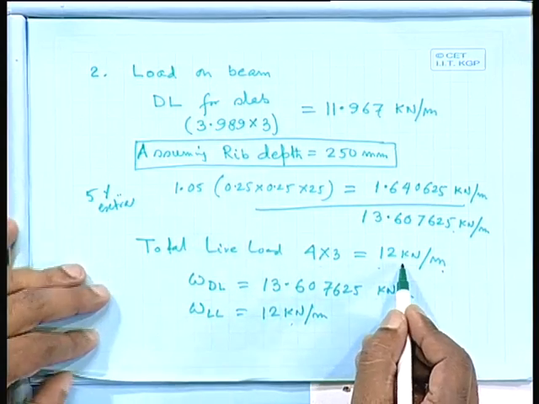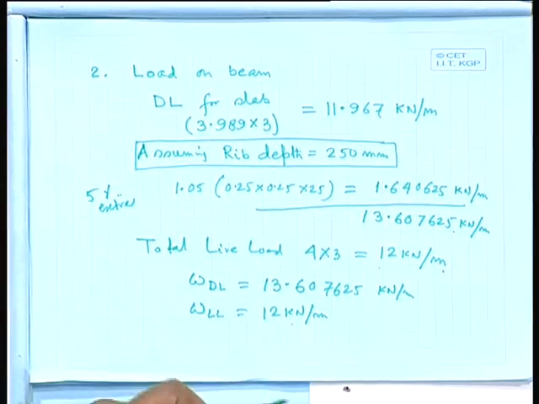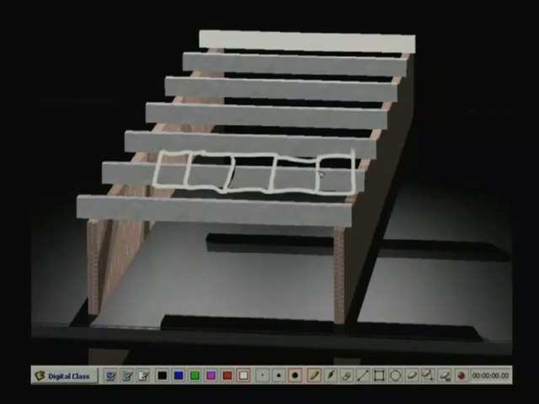So, 4 into 3, 12 kilonewton per meter. Along this length we are getting 12 kilonewton per meter for live load and 13.607625 kilonewton per meter for dead load, and we have done up to this. Let us continue.